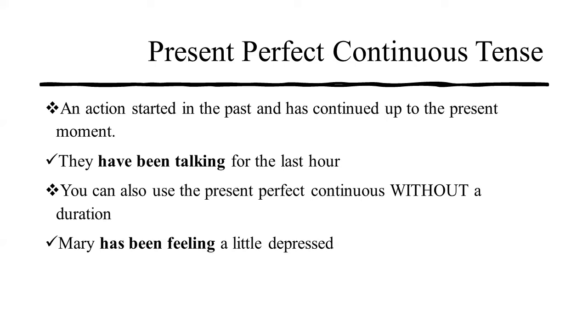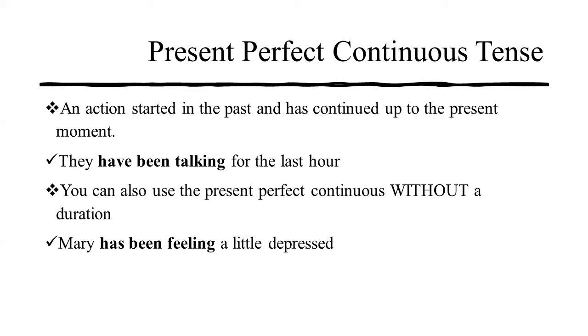In this sentence, has been feeling shows that we are talking about present perfect continuous tense. But where is the mention of time? Where is the mention of since and for? Where is the mention of duration? There is no mention of duration in this sentence. So we can also use present perfect continuous without a duration, as we have seen in the previous examples.